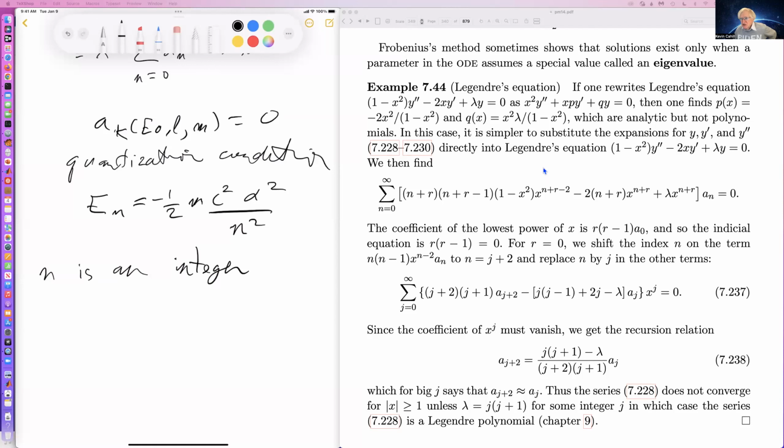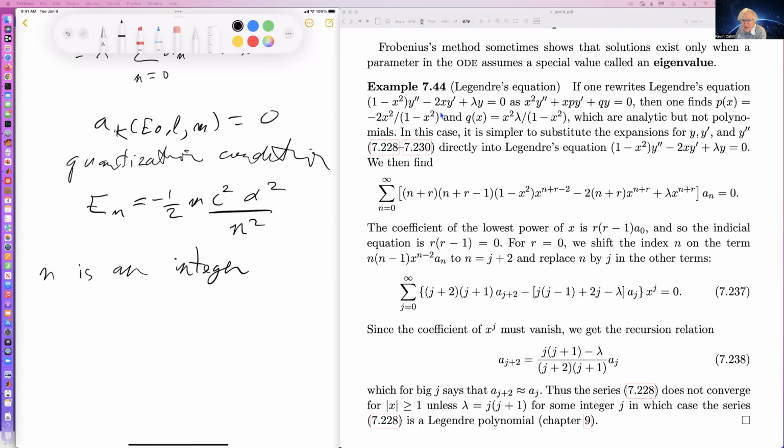Suppose we apply it to Legendre's equation. I think maybe we have time for that. So we first of all write the equation in this form, and then we divide through by x squared, and we find that P of x is minus 2x over 1 minus x squared, and Q of x is lambda over 1 minus x squared.